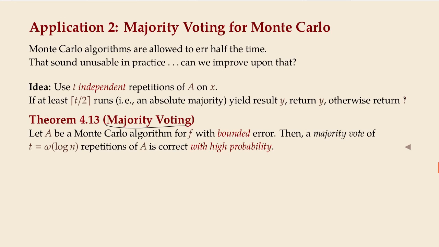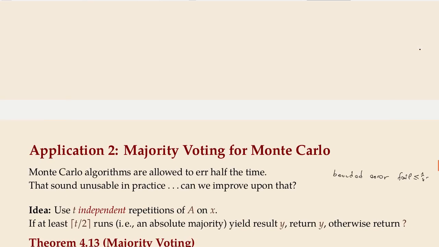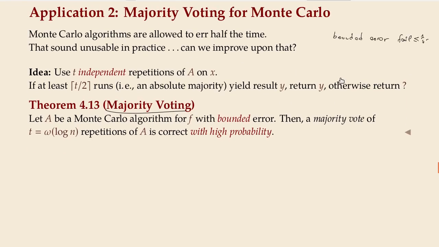Now we had two different kinds of Monte Carlo algorithms, the ones with bounded and the ones with unbounded errors. Bounded error says they fail with probability less than 1/2 minus epsilon, or maybe the other way around would be nicer.